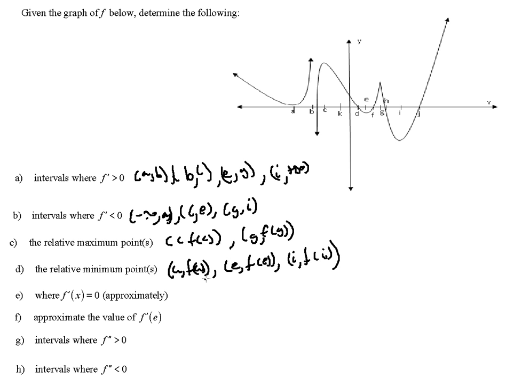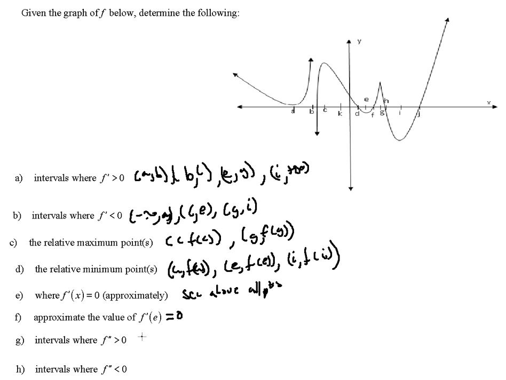So I really could just list C and D. So I'm just going to say C and all the points above, because f prime will equal 0 when the tangent line is horizontal, and the tangent line will be horizontal at relative maxes and mins. So that kind of answers the approximate value of f prime of E. Well, we've already said it's a relative min, so f prime of E approximately is 0. We've said it's a relative max or min, so we can say it equals 0, but it says approximate.